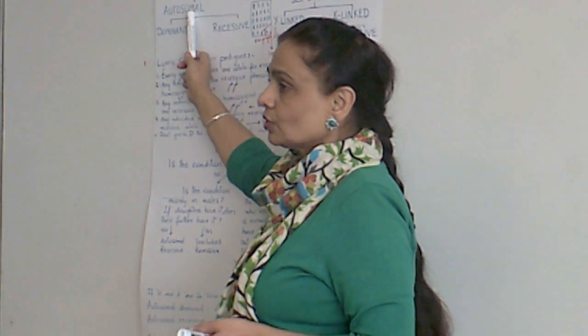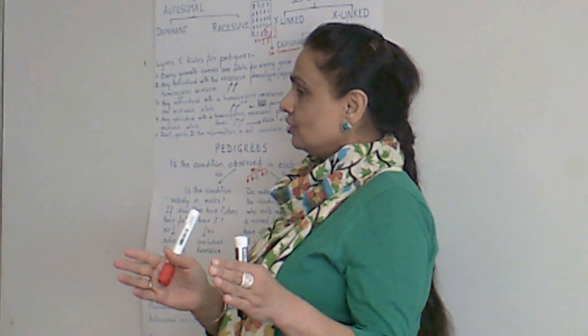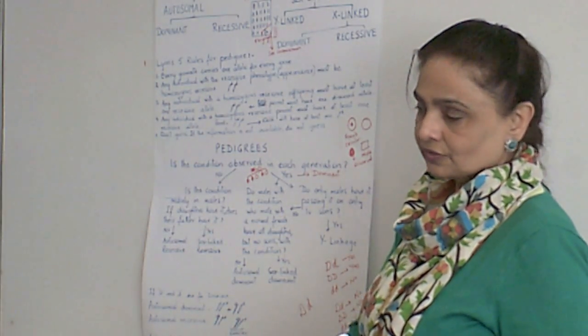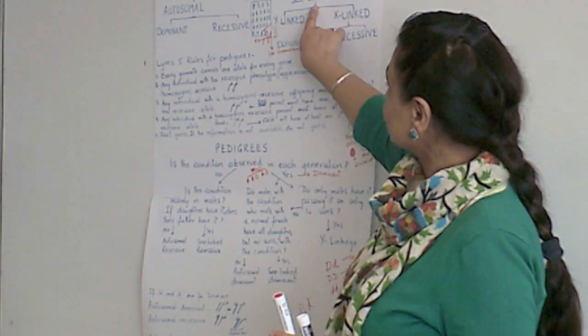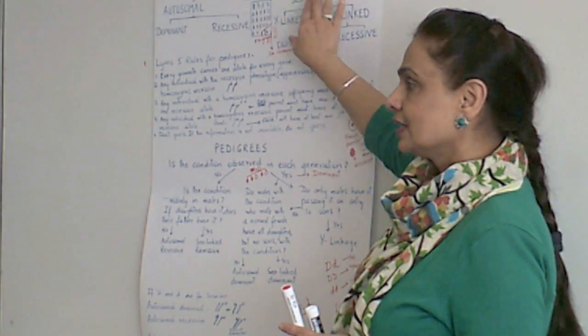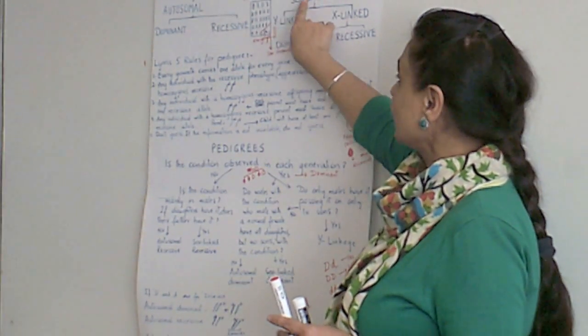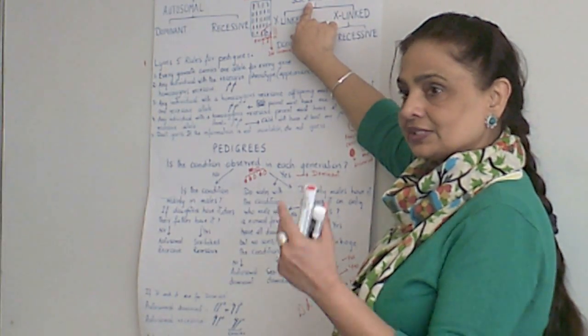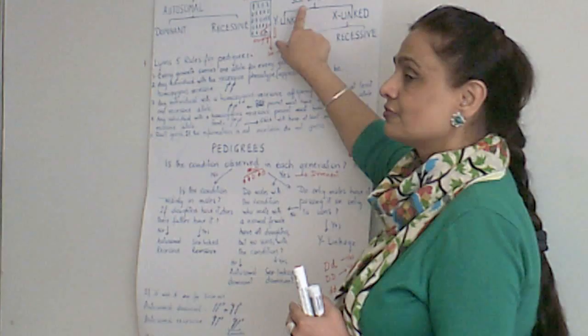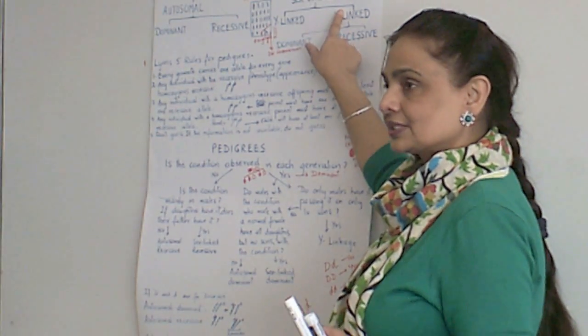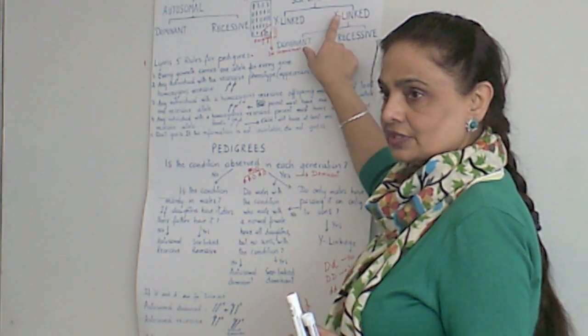If it's autosomal, it's carried by any of the rest of the 22 pairs of chromosomes. Okay? And it works differently because, as we did the other day, X and Y are different. So the male has only one X, whereas the female has two X chromosomes. So that's why it works differently when it comes to sex-linked chromosomal inheritance. Right?